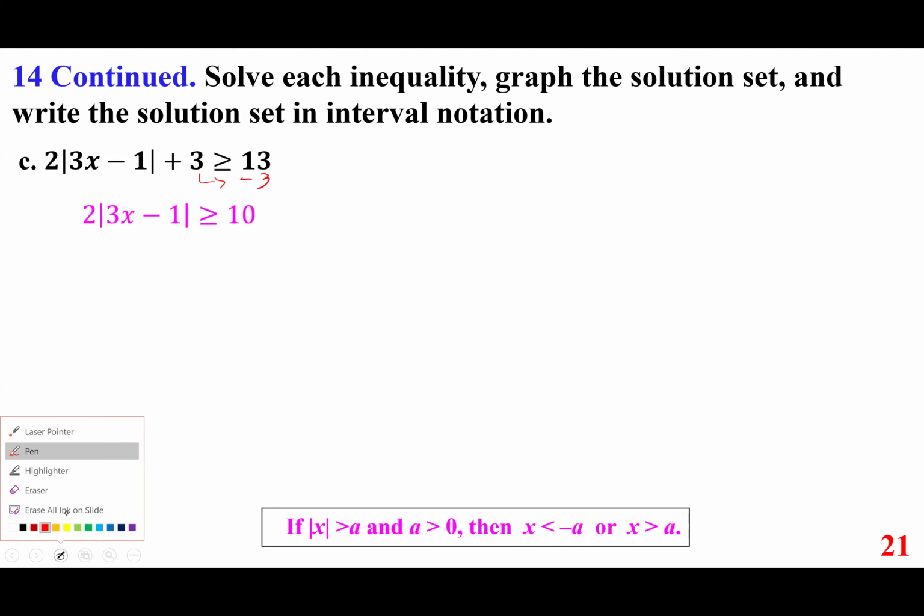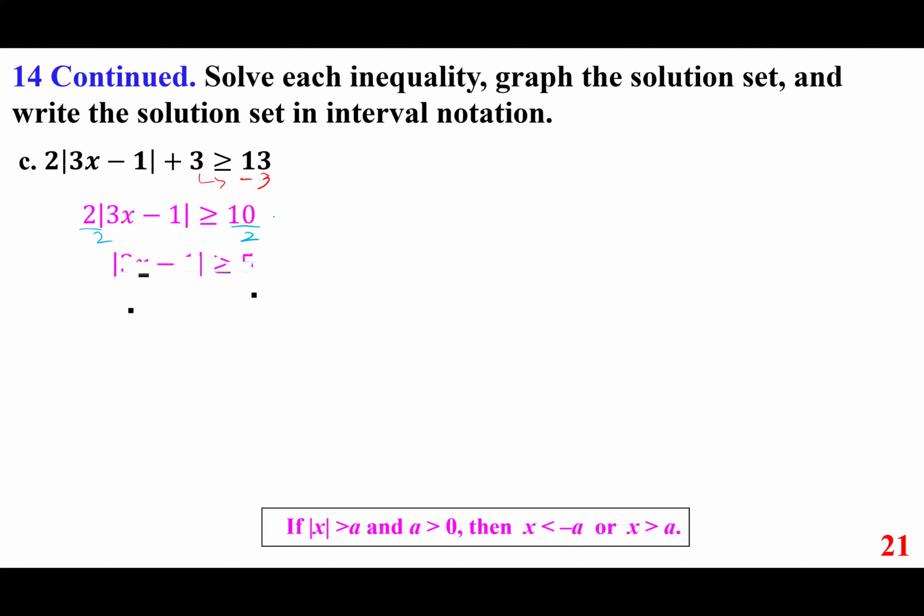Next, divide by 2. So we are trying to isolate.